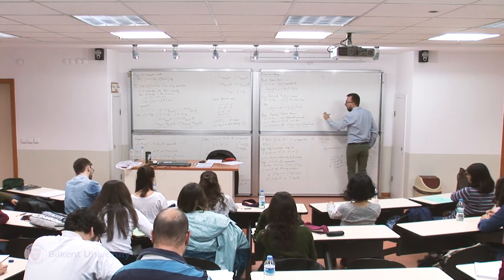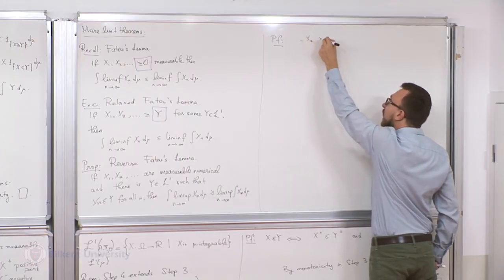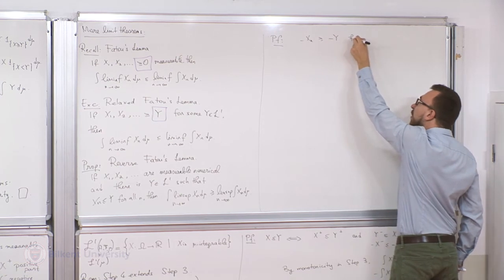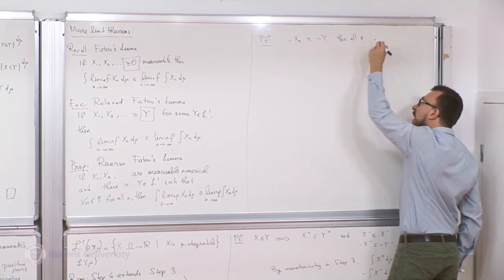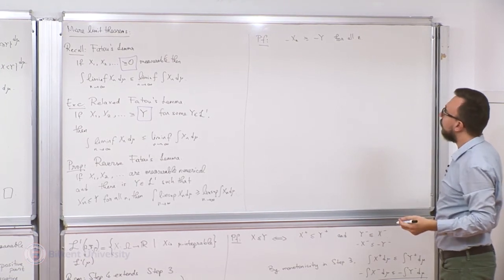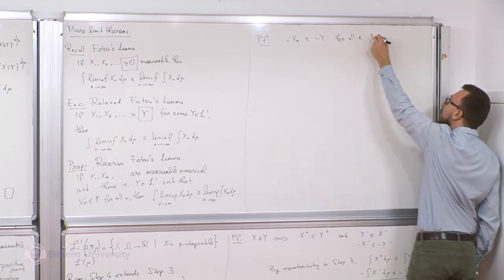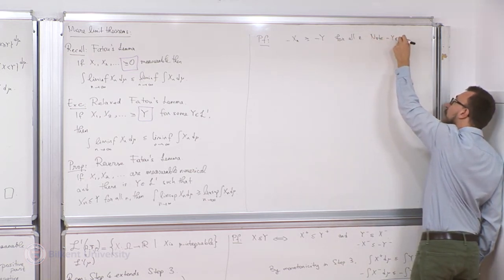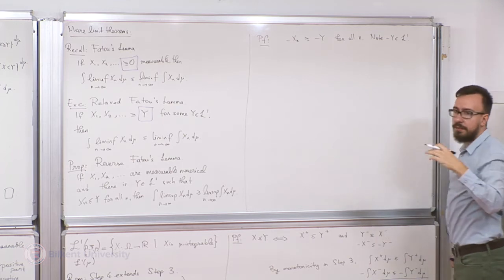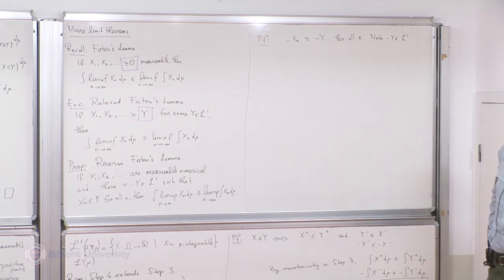So we have minus xn above minus y for all n. Therefore, we are in the setting of relaxed Fatou. Note that minus y is also integrable. If y has finite integral, minus y also has finite integral, and it is just the negative of the integral of y.